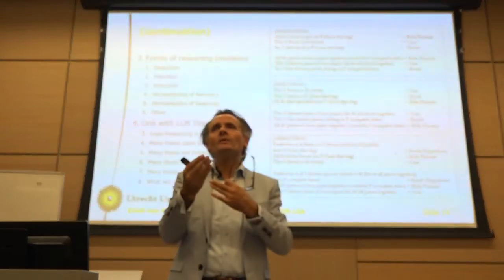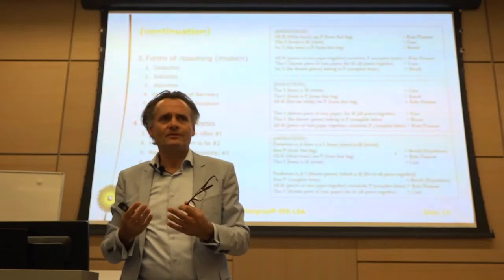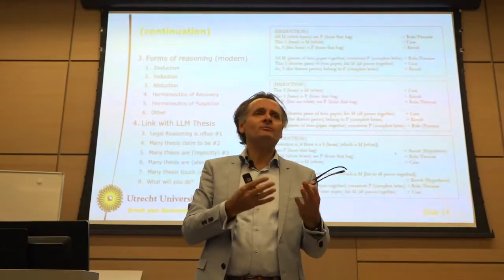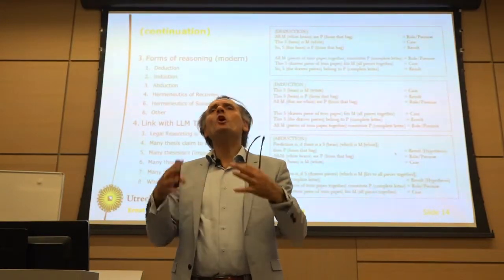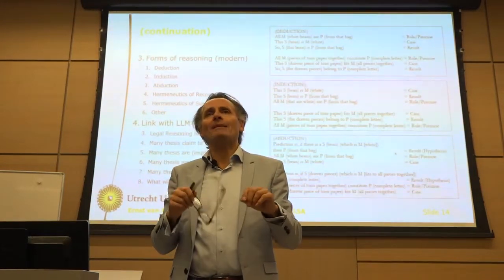So based on thinking alone, we cannot argue that one way is better than the other. And that opens the door to variations, and the most important one is called abduction.